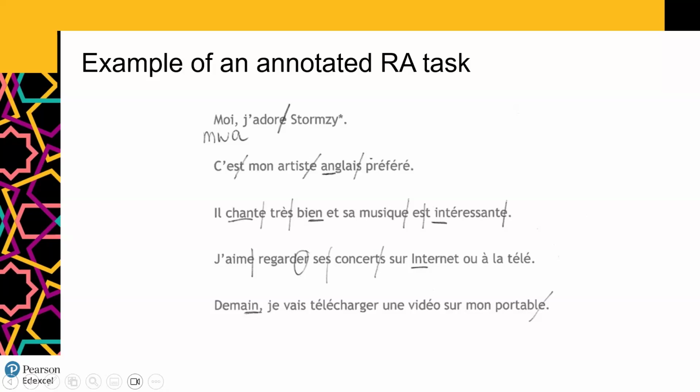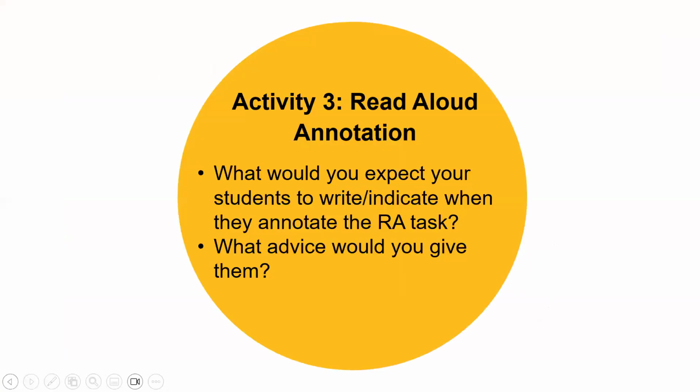So what I'd like you to share with us is what you would expect your students to write or indicate when they annotate the read aloud task. What advice are you giving them? Some of you may have started a while back, maybe in year 8. So what do you tell your students to do?